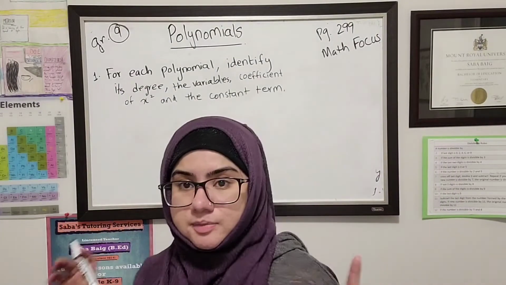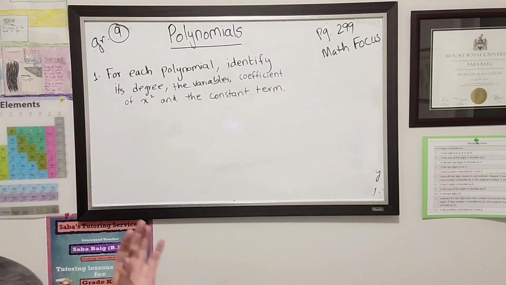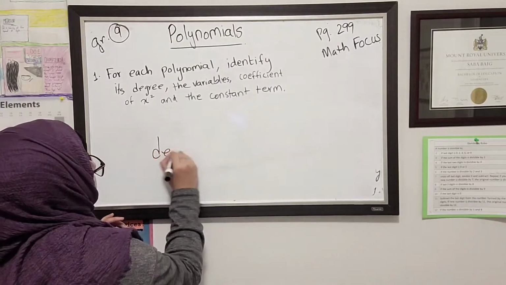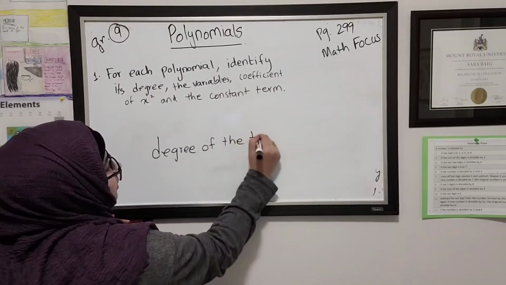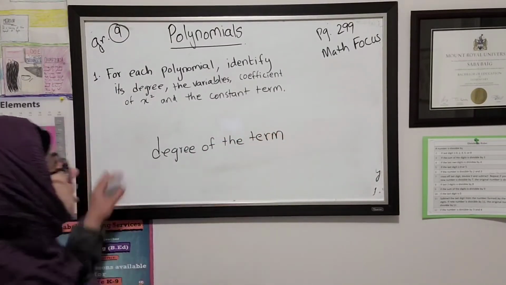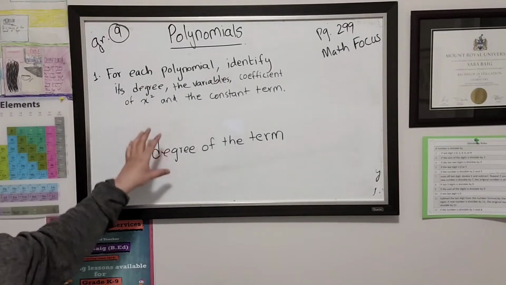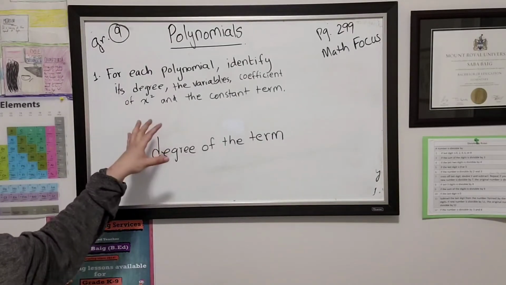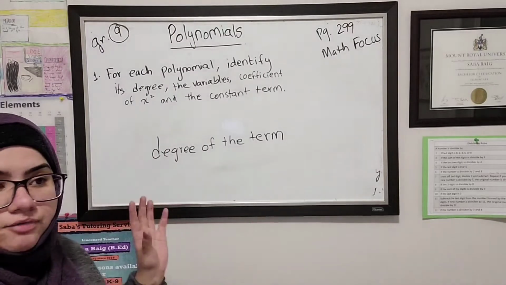First, let me clarify what we mean by the degree of the term, or degree of the polynomial. The degree of the term is equivalent to the sum of the exponents found on the variables.